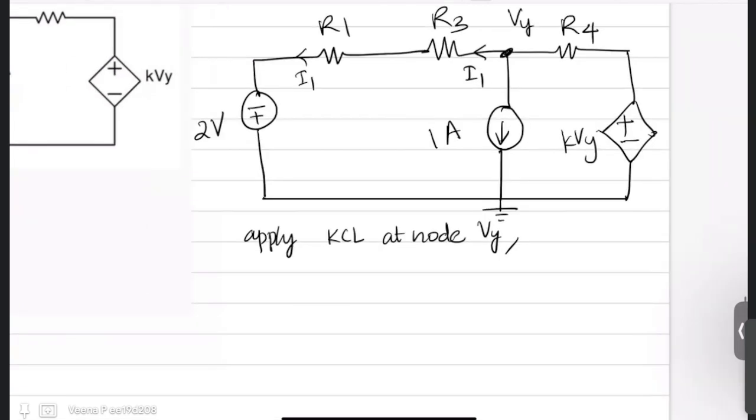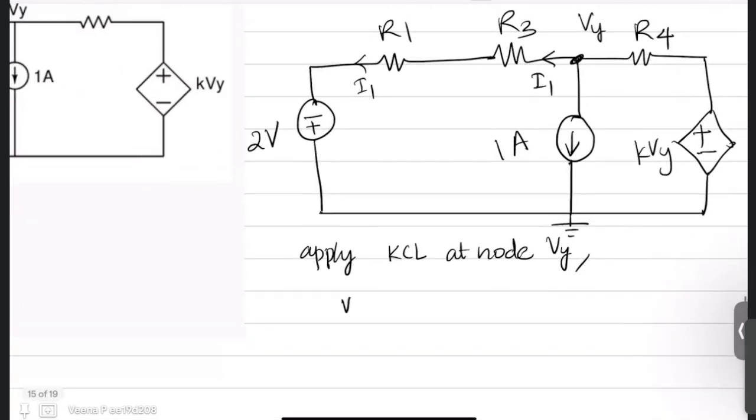So I1 becomes Vy, and this is minus first. So the tendency of this voltage source will be to send current in the same direction as I1. So your current equation becomes Vy plus 2 by R1 plus R3. That is the difference between the previous problem and this problem.